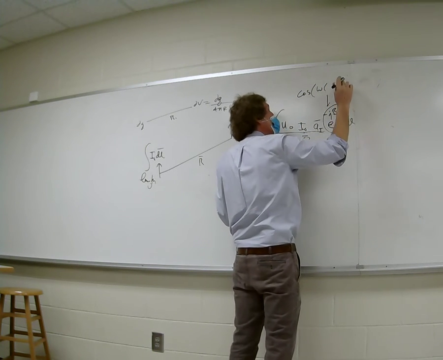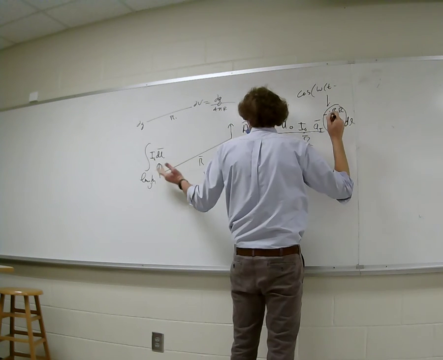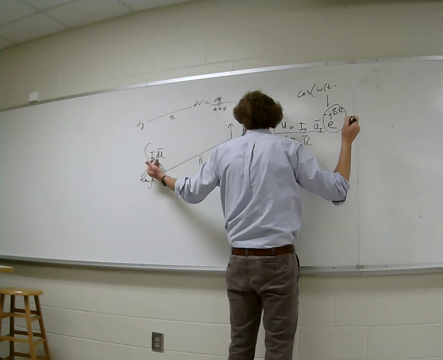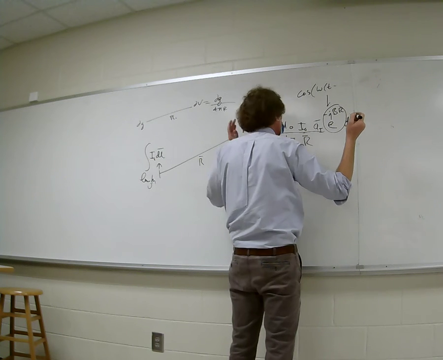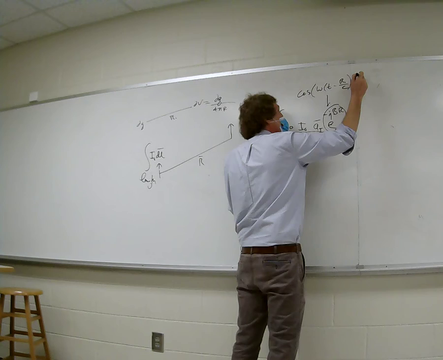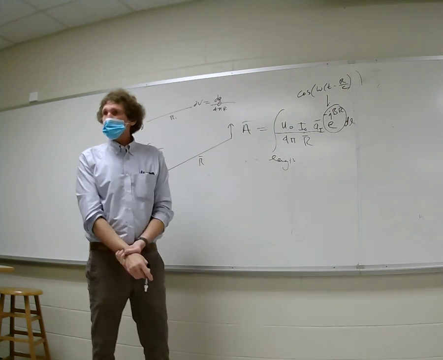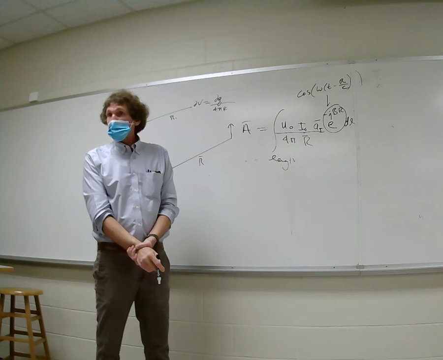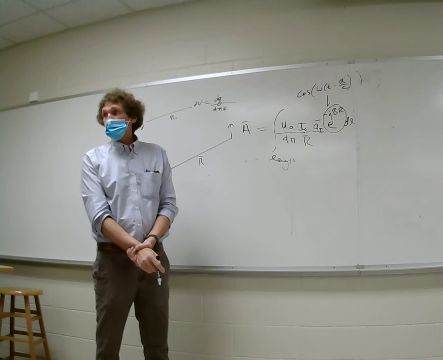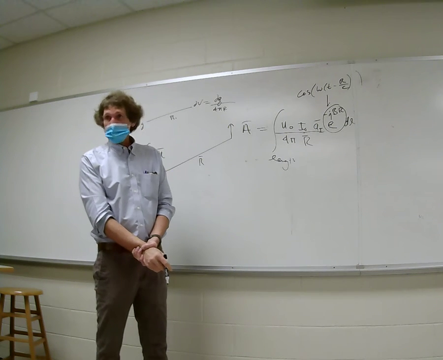It's just going to be omega, and it would be t minus the actual delay time for the electromagnetic energy to get from this antenna to this point. Well, that delay time will be distance r divided by the velocity of light. And I can replace that if I wanted to time it. Does that make sense, everybody? Because it takes a certain time to get there, right? So that's the r, the distance over c.